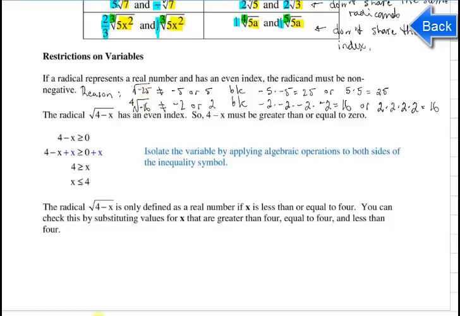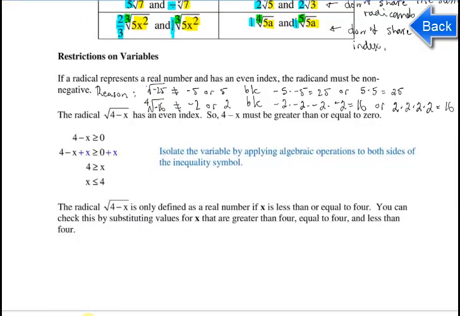Now let's compare that to odd-numbered indexes. So let's say you have the cube root of 8. Now if you take your calculator out, you will find that the answer for that is 2. And that's because 2 times 2 times 2 gives you positive 8. Now let's take a look at the cube root of negative 8.